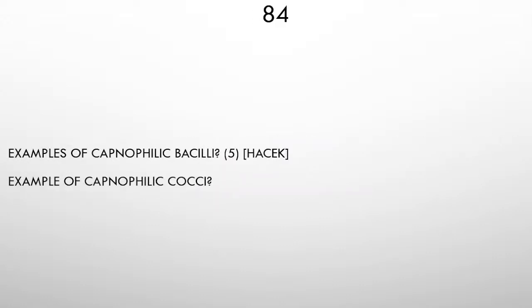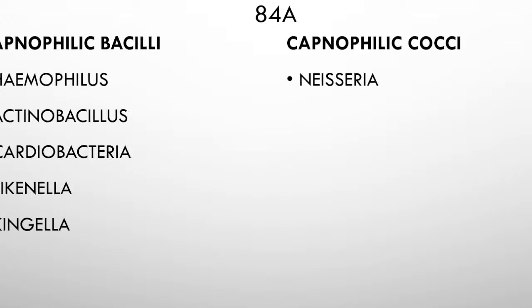Among the capnophilic organisms, we have the HACEK organisms. I'm not sure if you're familiar with them. The HACEK bacilli are basically Haemophilus, Actinobacillus, Cardiobacterium, Eikenella, and Kingella. That's your HACEK group. For your gram-negative microorganisms, you will have Neisseria.